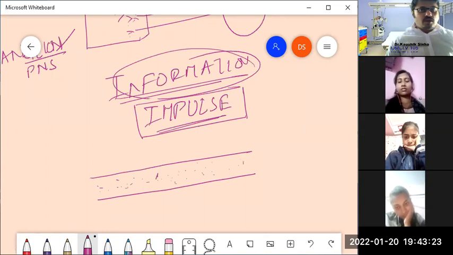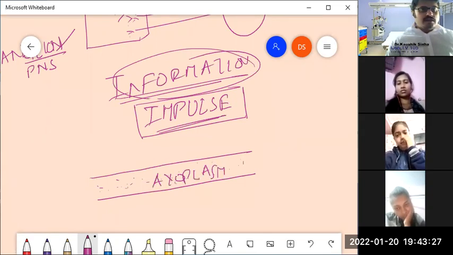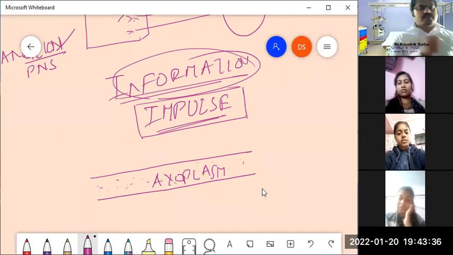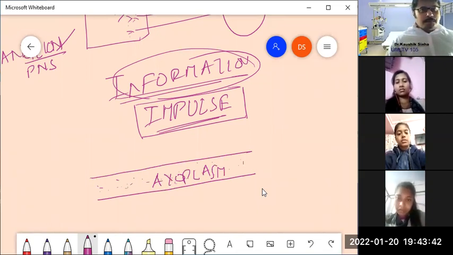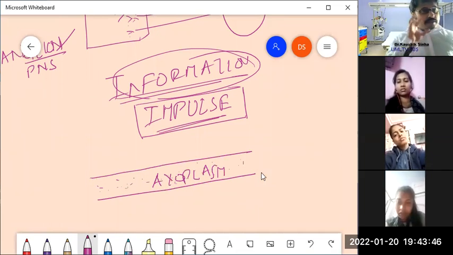We can call this axoplasm. Remember, inside the cell, there is something called cytoplasm, right? Similarly, inside the axon, which is a kind of projection of a cell, that is the nerve cell body, there is something called axoplasm. And the axoplasm is all around guarded by a membrane, similar to the cell membrane.